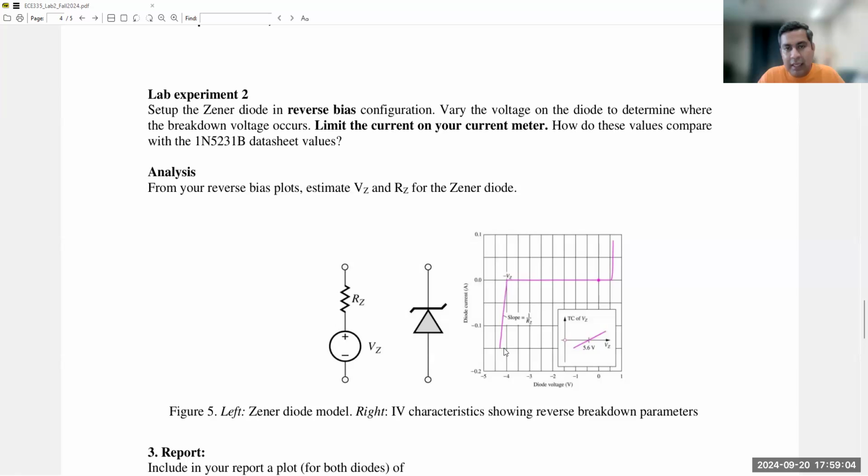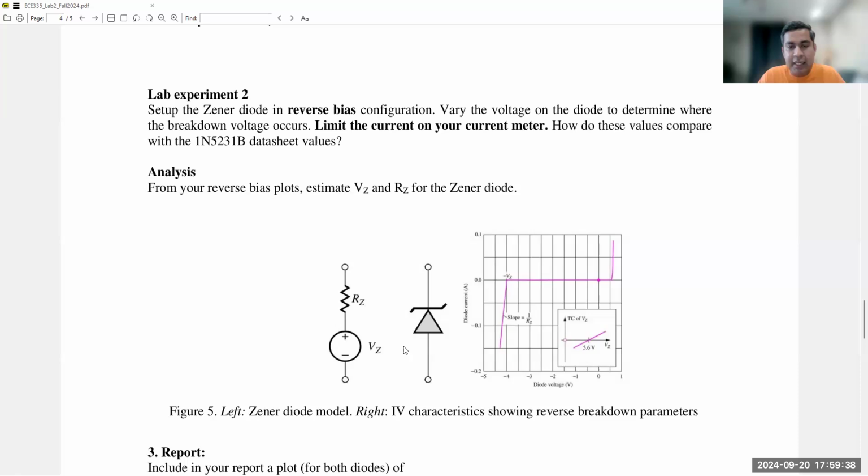So it works like a voltage regulator or voltage source, where you have an almost constant or very insignificant fluctuation of voltage across the device, while you have a high change of current depending on the other parameters in your circuit. So we can treat the Zener diode as a voltage regulator. That is one of the most common applications of this diode and why it is used in regular circuits.